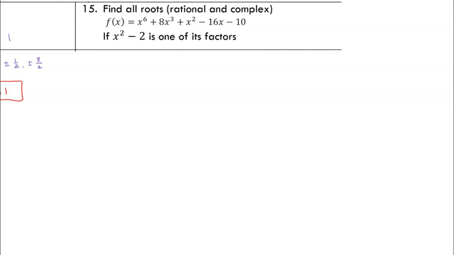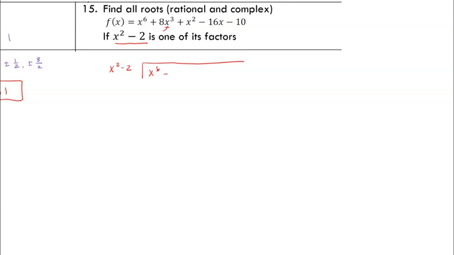But when I divide this x minus 2 into here, since I'm dividing x to the second into x to the sixth, it's going to give me an x to the fourth polynomial. Okay, a quartic polynomial, I think. So that's what I'm going to do. I'm going to do long division on this.